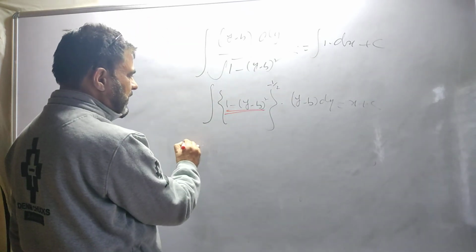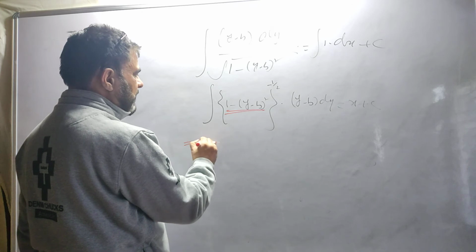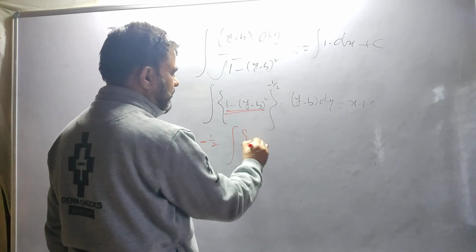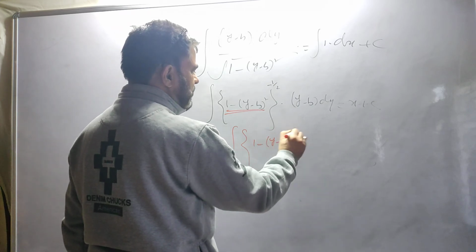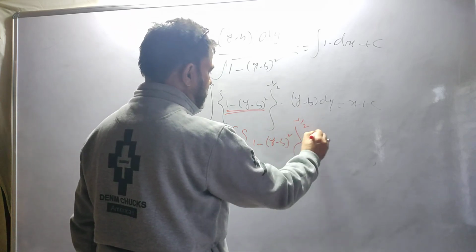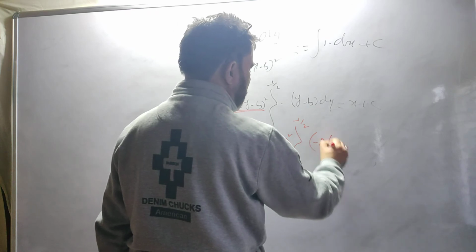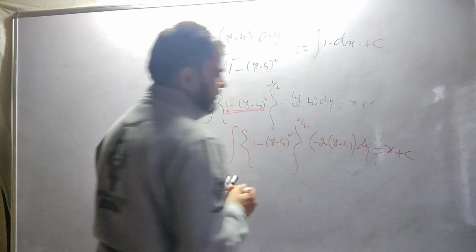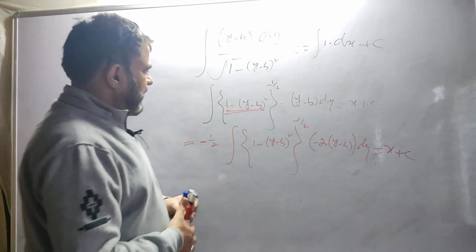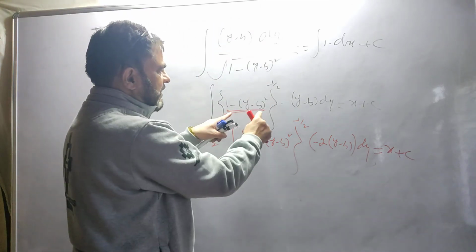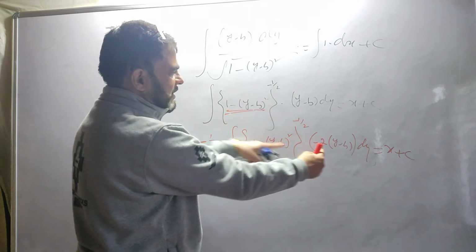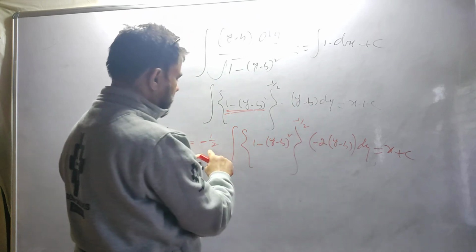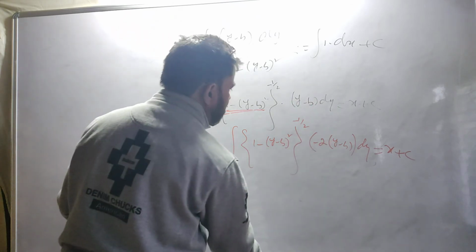You write here minus 1 by 2, integral of 1 minus y minus b square raised power minus 1 by 2 times minus 2 times y minus b dy is x plus c. Just look again. It is your f(x) and the derivative of this is minus 2 y minus b. I wrote it here minus 2 y minus b, but I had no minus 2 here. I have divided it. Now it takes the standard form.